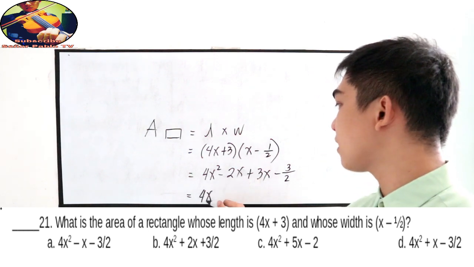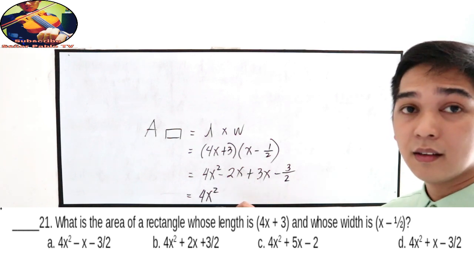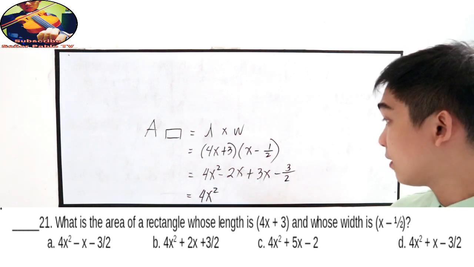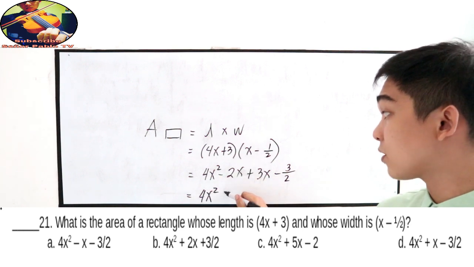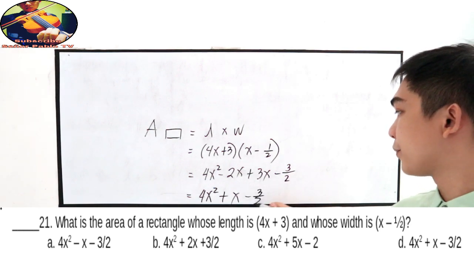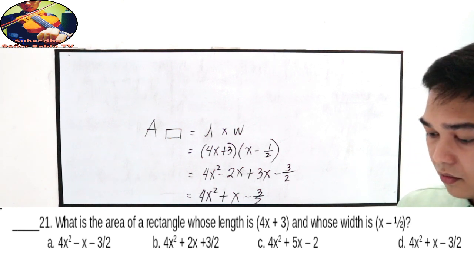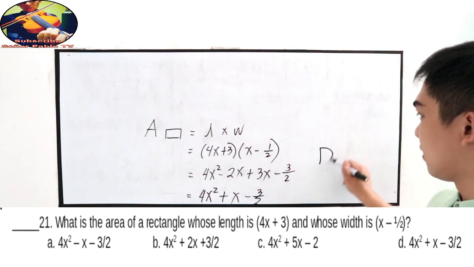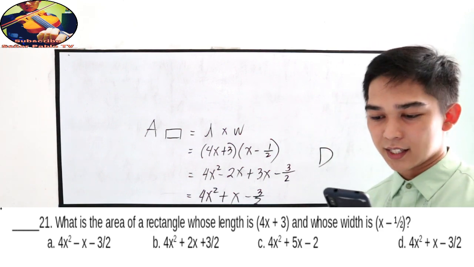So 4x squared, papahilang natin kasi wala namang x squared na kasama sa expression natin. Negative 2x plus 3, so positive 1x or simply x. Then copy negative 3 over 2. Letter D, as in dog. Ang number 21.